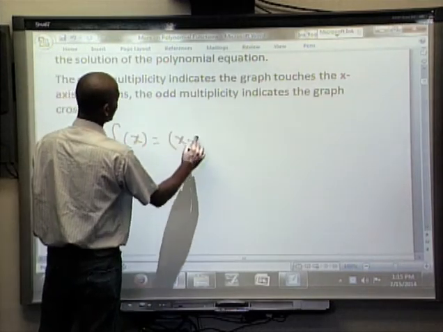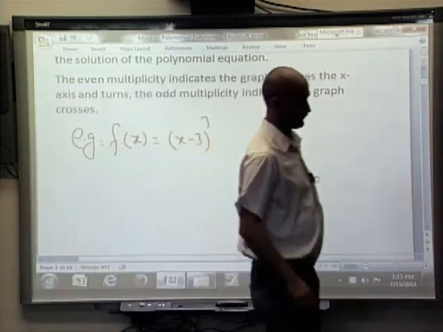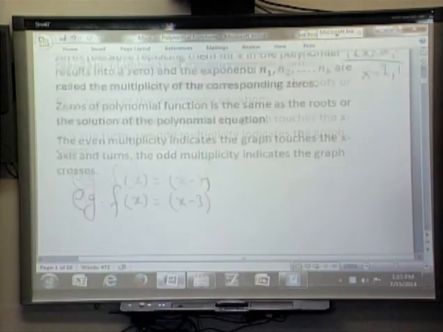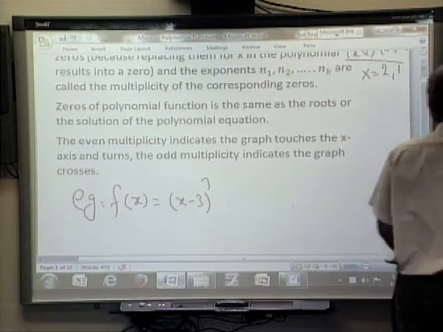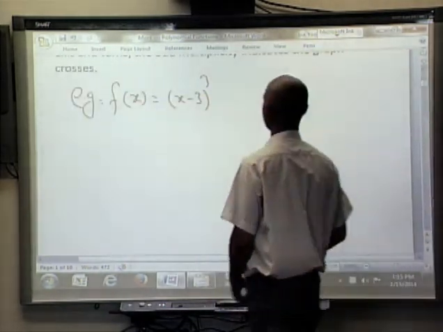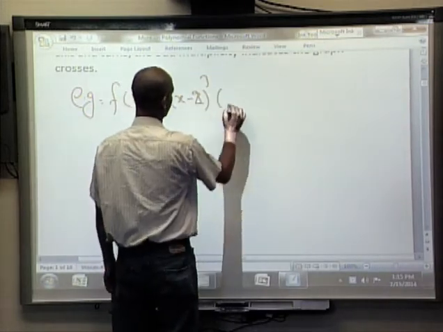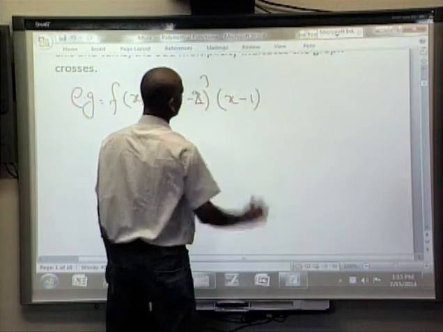So, I have x minus 2 raised to the third and x minus 1, which means raised to the 1.